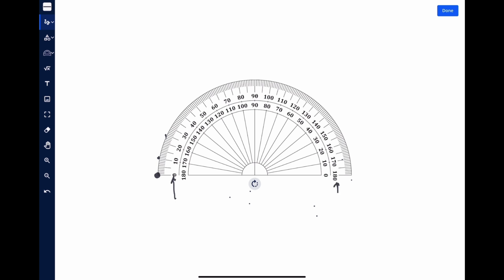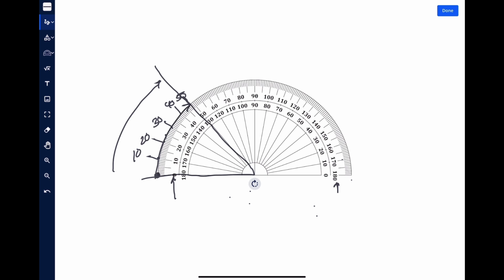So if I have one line, and I have a line over here, the distance from here to here is 10, 20, 30, 40, 50 degrees. Now, the farther away my line goes, the more degrees it is.